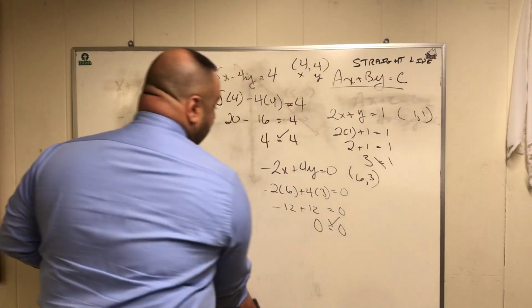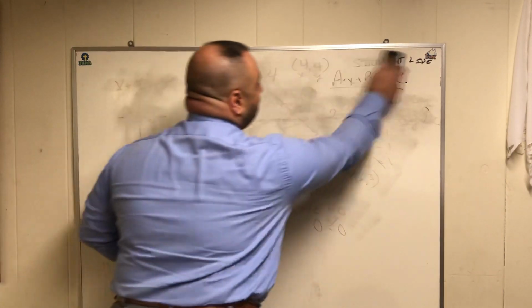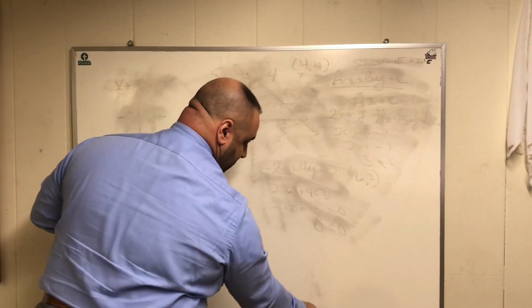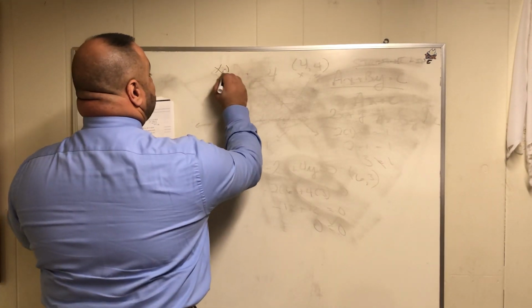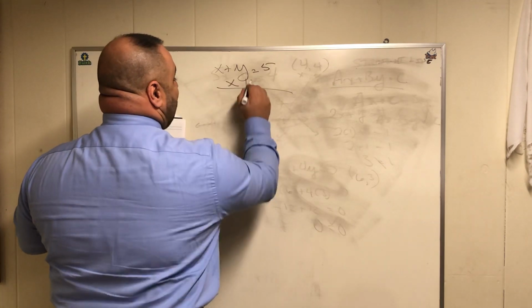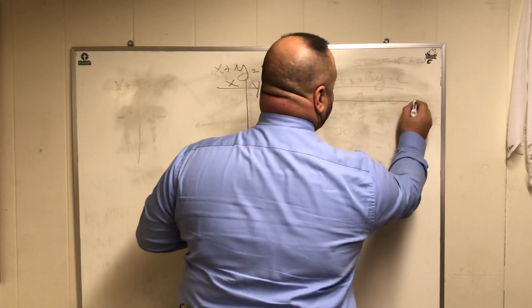So, let me erase this here. This board is not doing so well. All right, we have x plus y equals 5. Now, we want to use at least 3 values, and then we want to graph it.